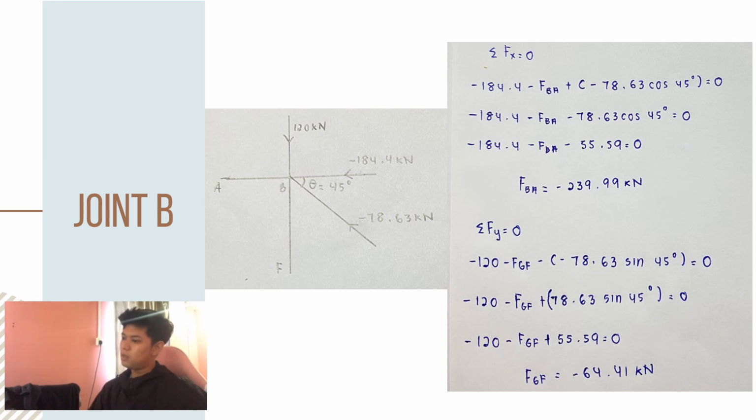We got 55.59. So when we calculate for Fy, negative 120 minus FGF plus 55.59 equal to 0, and got FGF negative 64.41 kilonewton.